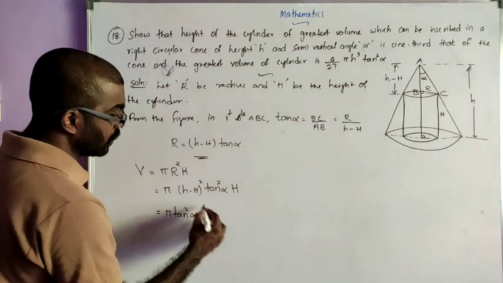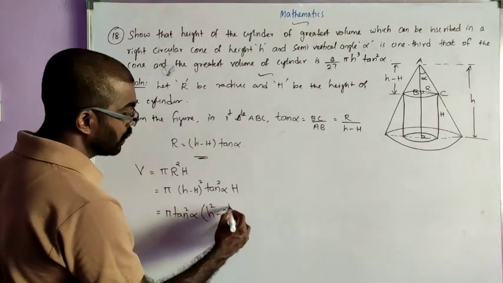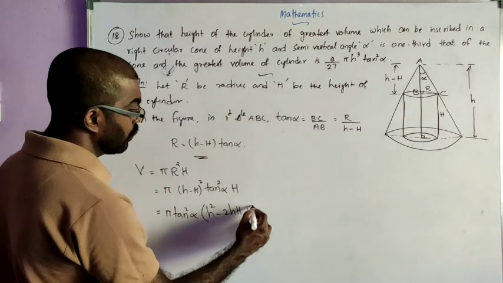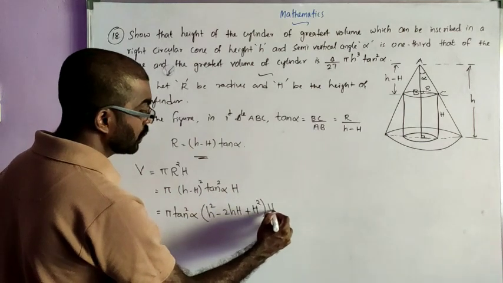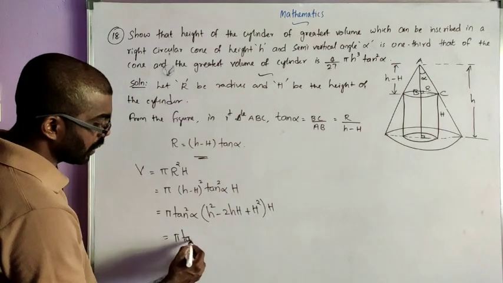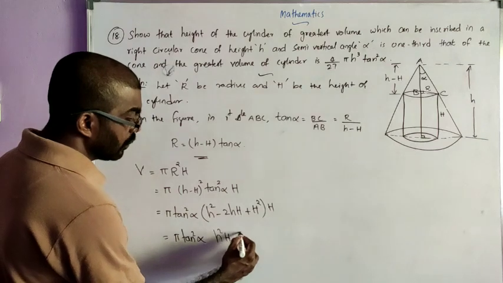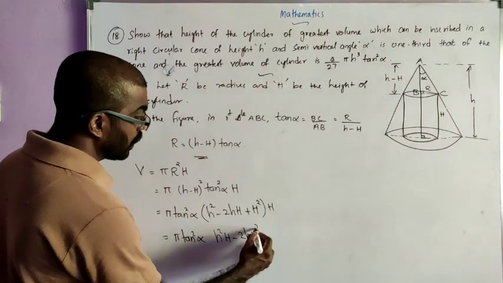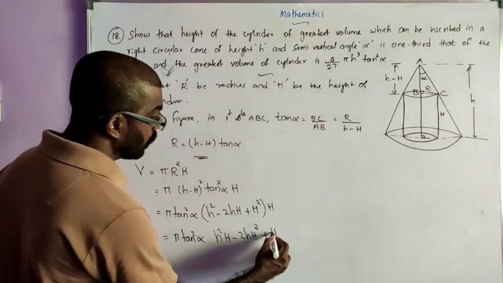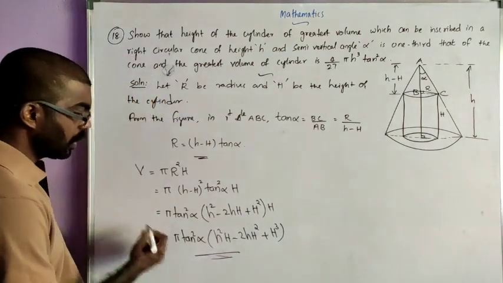And we can expand this using the identity (a minus b) the whole square. So (h square minus 2hH plus H square) into H. This H we can multiply. Pi tan square alpha (h square H minus 2h H square plus H cube). Okay, so this is the volume.